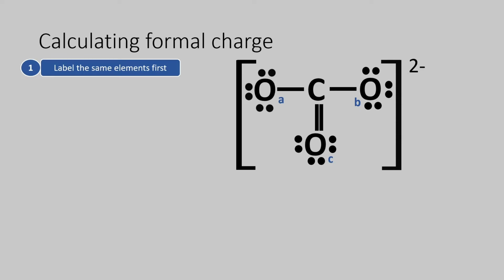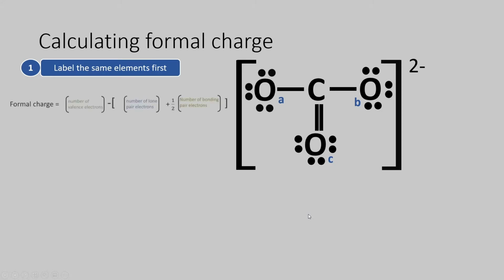Okay, carbon kita tak perlu label. Kita ada satu je carbon kan? And then, kita label the element yang repeating. For example, kita ada 3 oksigen, kita label those oksigen. So, kita boleh differentiate between oksigen belah kiri, oksigen belah kanan, and oksigen belah bawah.